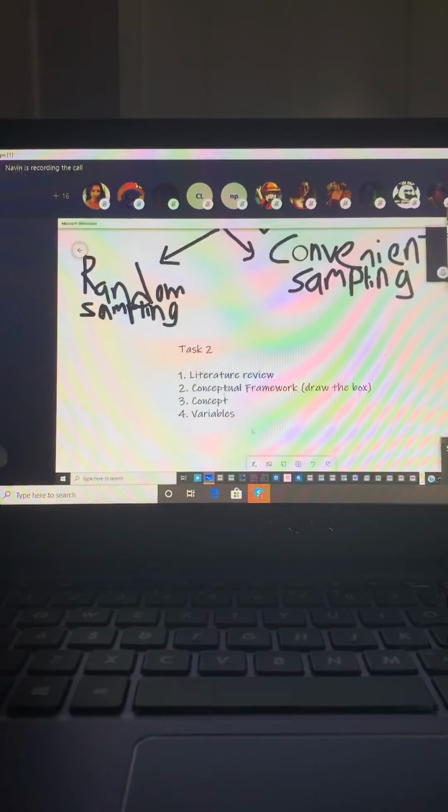Okay, so conceptual framework, draw the box. Variables means you explain the 5 things, okay, and business performance. Okay, concept, you just explain about service quality.